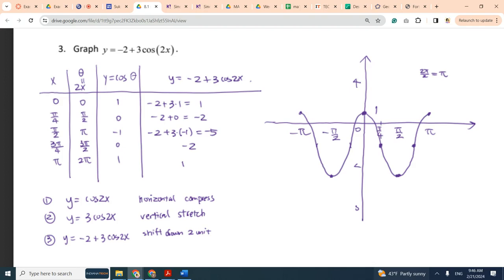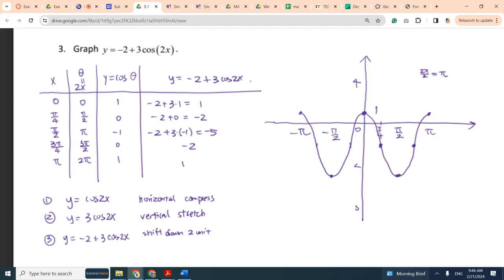Now based on the x and the y column, we can plot the points. See? When x is 0, the y is 1. Okay, here, when the x is pi over 4. By the way, if this is 2 pi, and then the middle one is pi, and then the middle one is pi over 2, pi over 4 is between 0 and pi over 2.